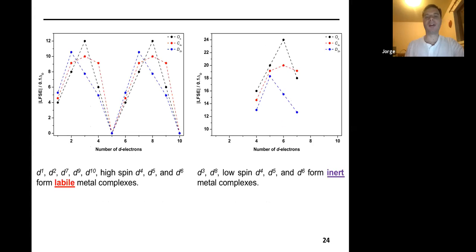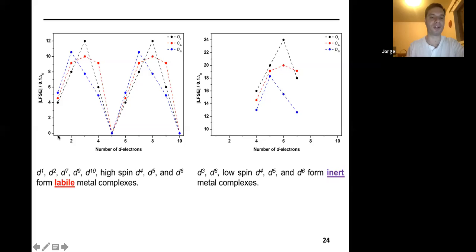Okay, I don't know if these graphs will help you or not, but here what I tried to do was to plot ligand field stabilization energy for OH, C4V, and D5H configurations as a function of the number of d electrons.